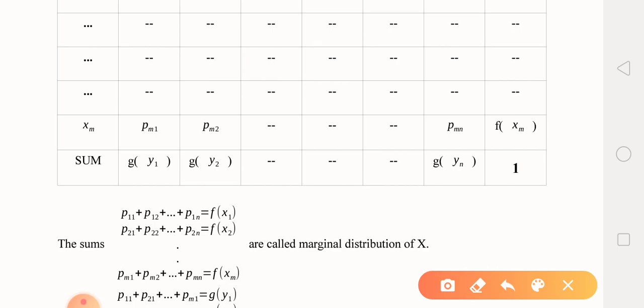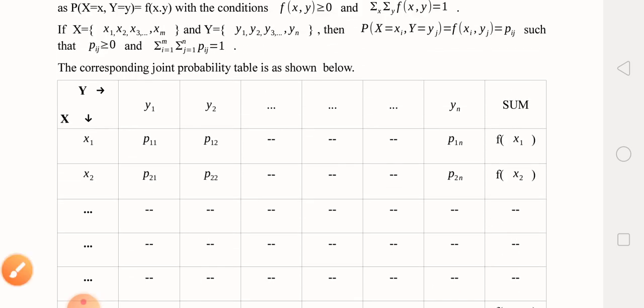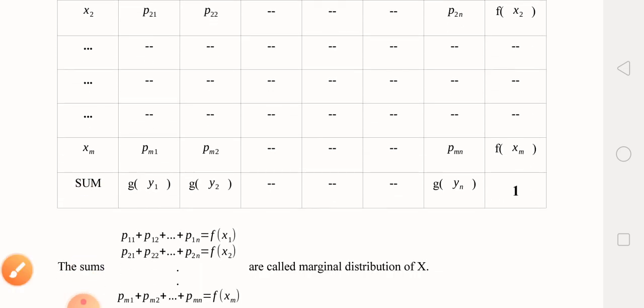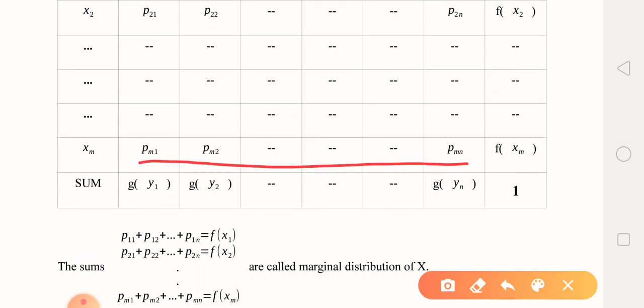In the same way, here you have Pmn. It is the probability when X equal to xm and Y equal to yn. Now we sum this row and denote that value as f of xm.